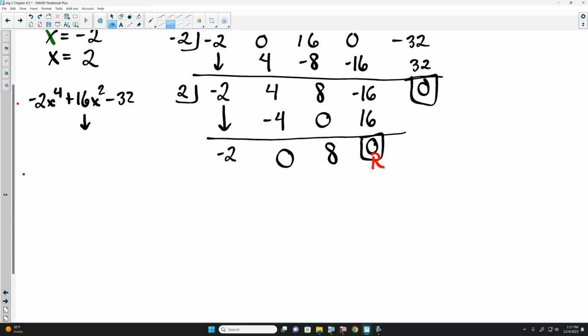Our last one was the remainder. 8 is our constant term, our term without x. 0 is our term with x. And negative 2 is our term with x squared. Plus 8. So we're trying to see what value of x would make the original equation 0, and by graphing, we found two of them. Doing synthetic division took it from a degree 4 down to a degree 2.